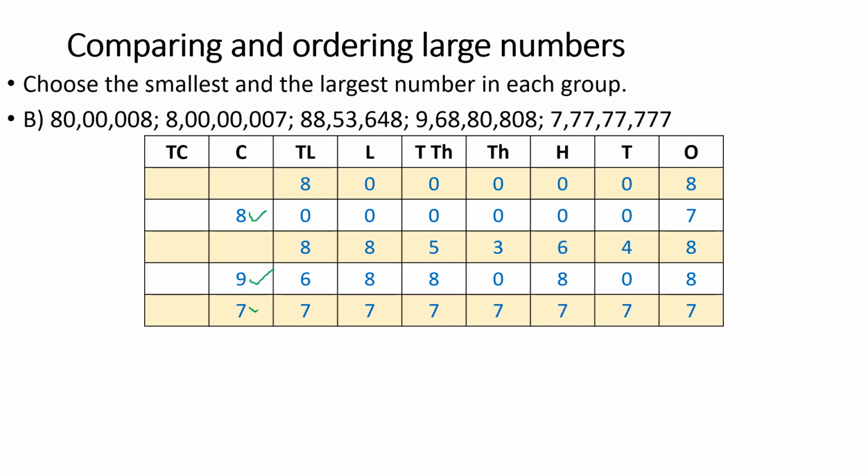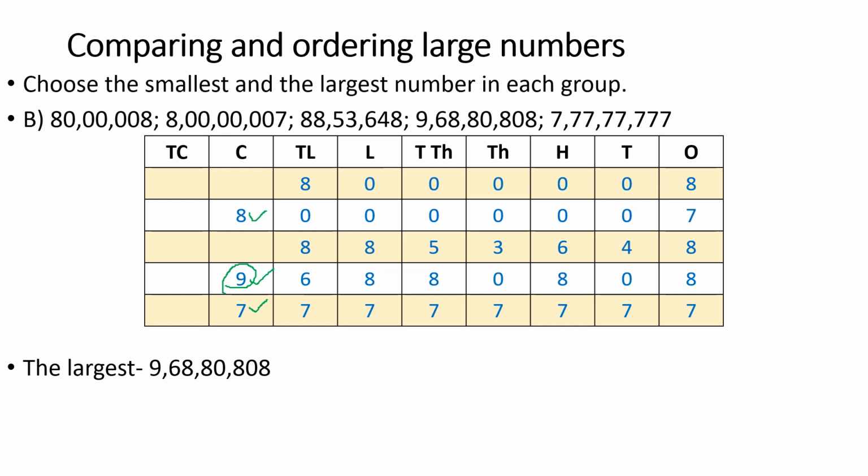So definitely our largest number will be among these three numerals. So which one is the largest? It is the question. Now we will compare the digits at the crores place. Here is 8, here is 9, and here is 7. Which one is the largest? Yes, this one is the largest. That's why this is our largest number in this group. So it is 9 crore 68 lakh 80,808.